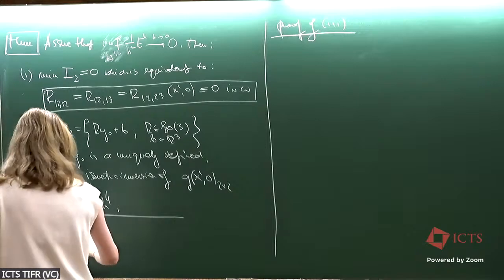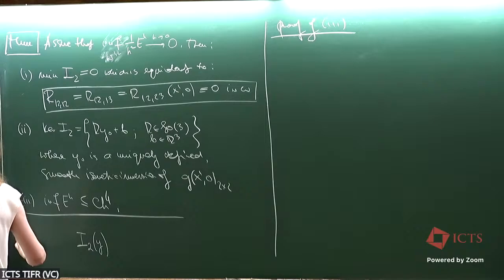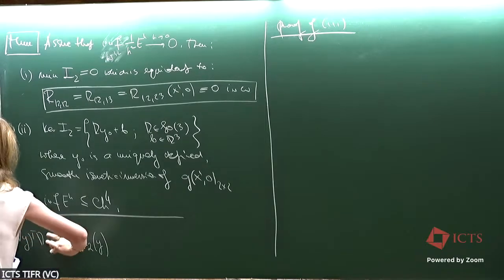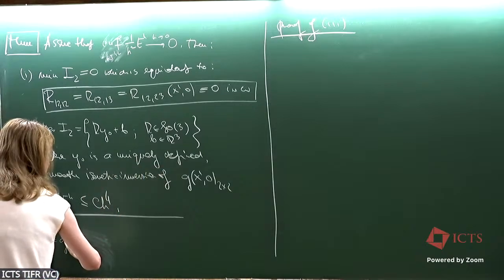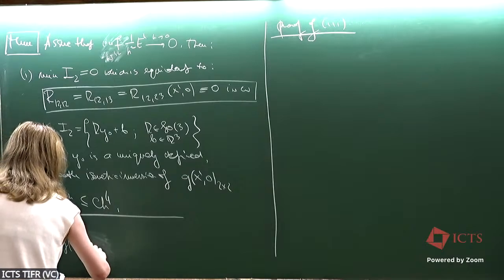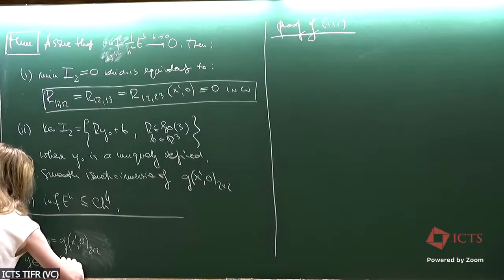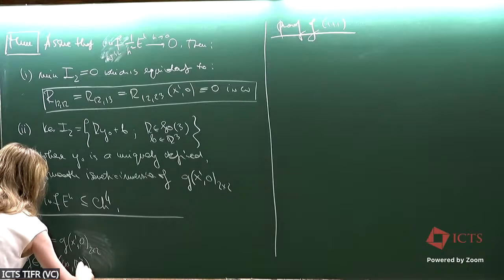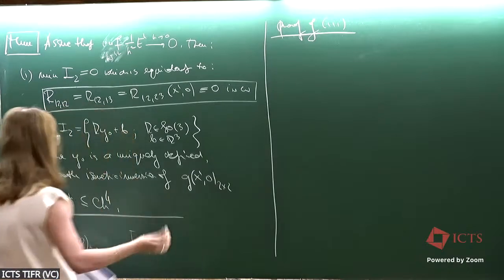But before doing so, let me remind you what was I2. I2 of y was defined on y's such that gradient y transpose gradient y equals that g of x' 0, 2 by 2. Y has to be W^{2,2} from omega to R^3. And then I2 is defined only on such y's, otherwise it's plus infinity.